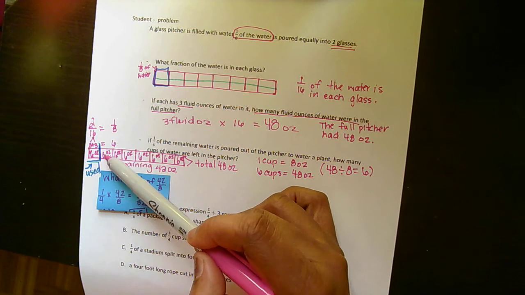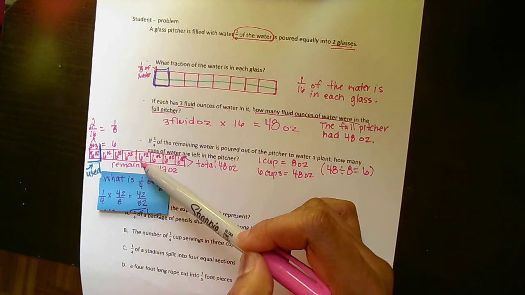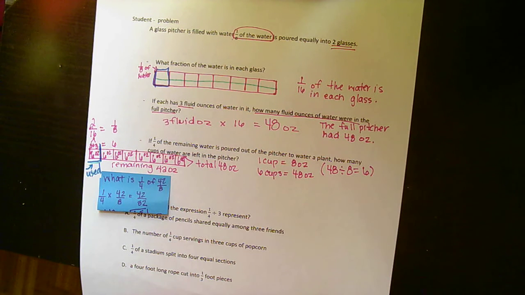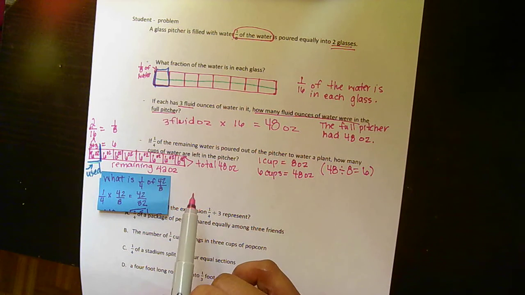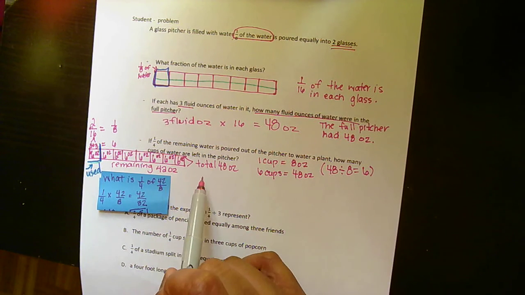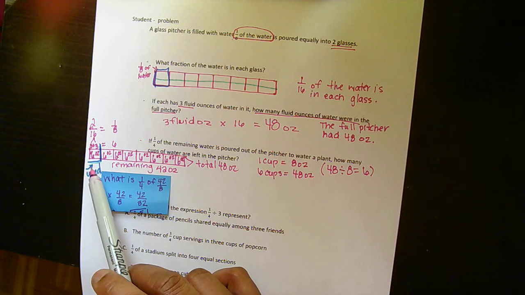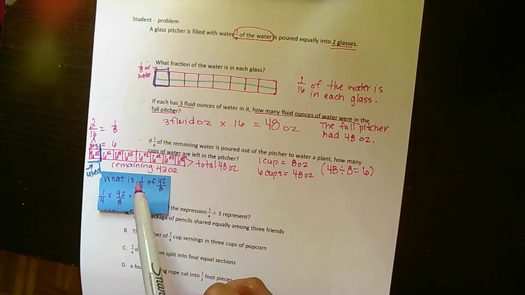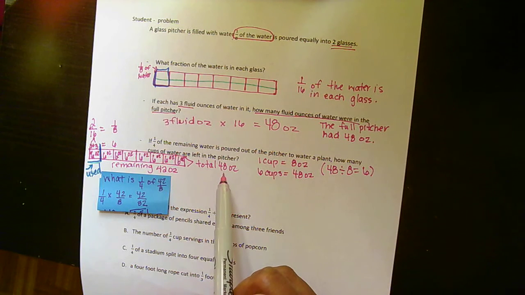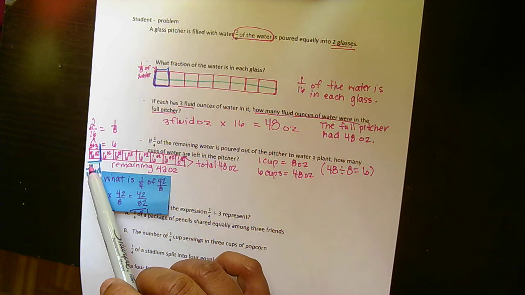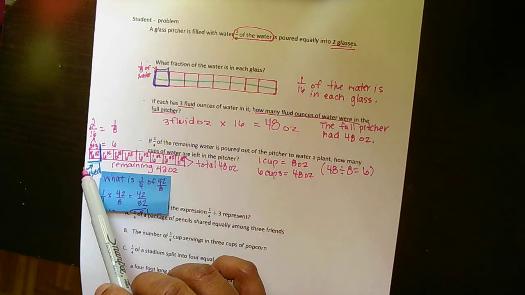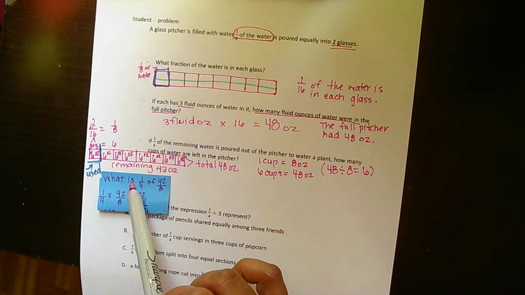So I was able to label each part of my tape diagram as 6 ounces. Okay. Next, I knew here 48 ounces. This was the remaining. So I knew there was 6 plus 42 is going to give me my 48 ounces. So there's 6 ounces that were used, 42 remaining.